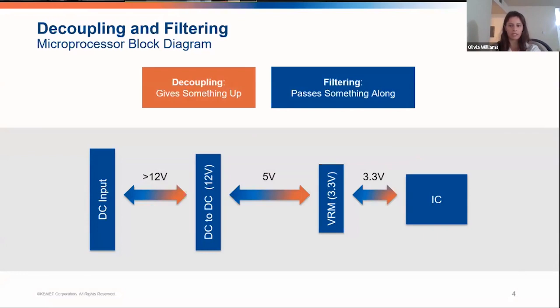To illustrate this, let's look at a microprocessor block diagram here. We've got our 4 main stages: the DC input, or your power rail, then the DC to DC conversion, where we step down that input voltage, then our voltage regulator module, and finally the IC itself. Between all these, we've got some decoupling and filtering going on.